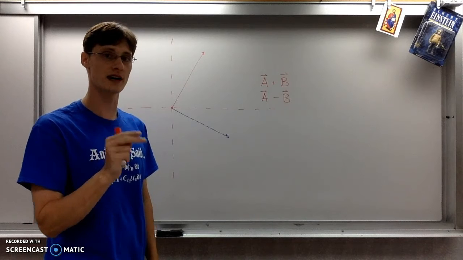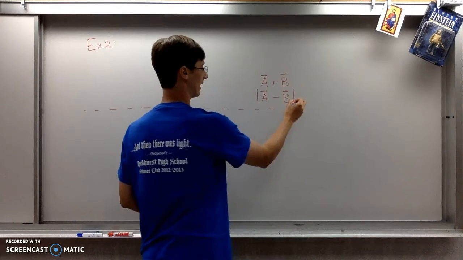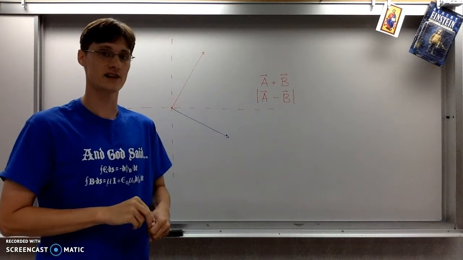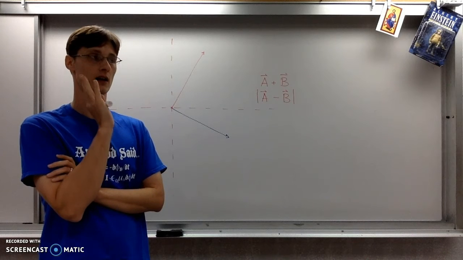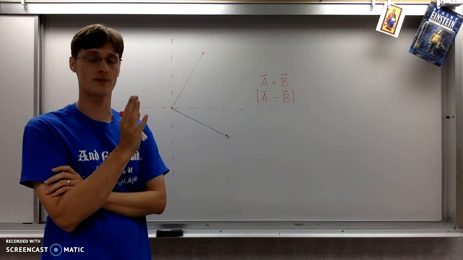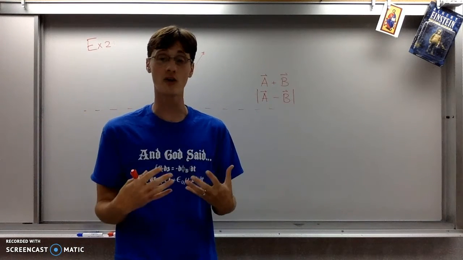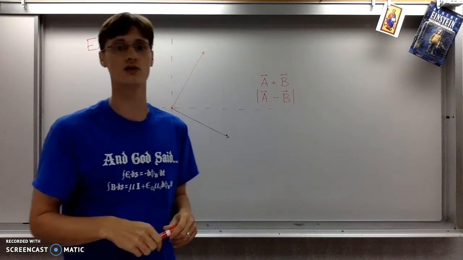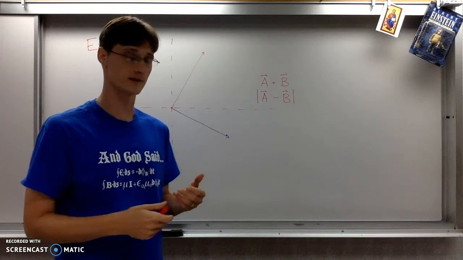The other thing that you might see is they'll put an absolute value sign around it, which is actually not that crazy of a thing. When you see the absolute value signs, absolute value tells you how far something is from zero. So it ignores, is it this way, is it that way? It's just how far is it from zero. In other words, you could say it's the magnitude of its displacement from the origin.